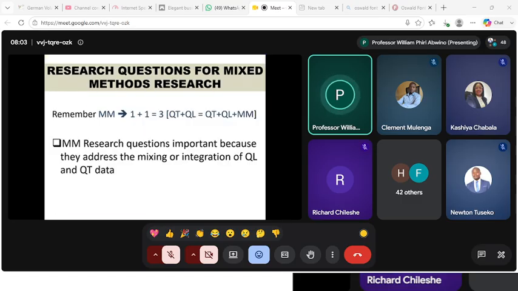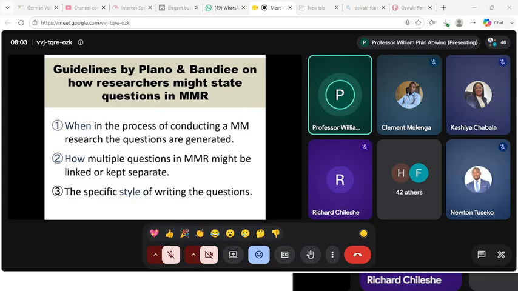So research questions for mixed research. It's just the same ones that I was giving examples of. Right. So guidelines by these two on how researchers might state questions in MMR. When in the process of conducting mixed method research the questions are generated.